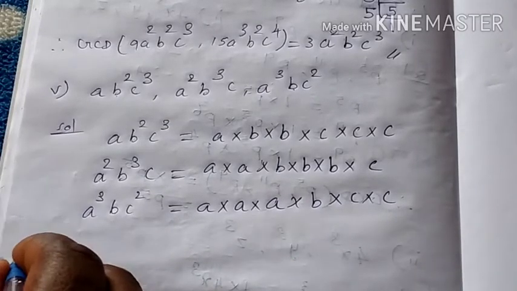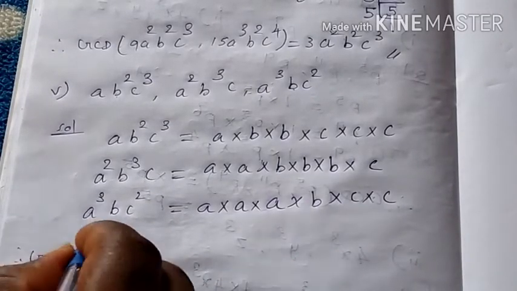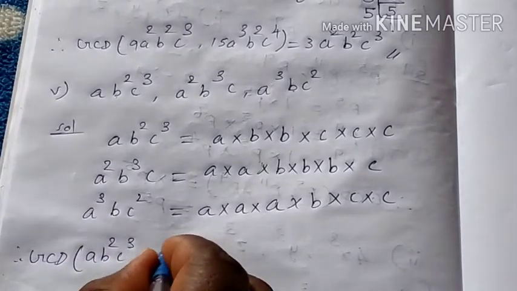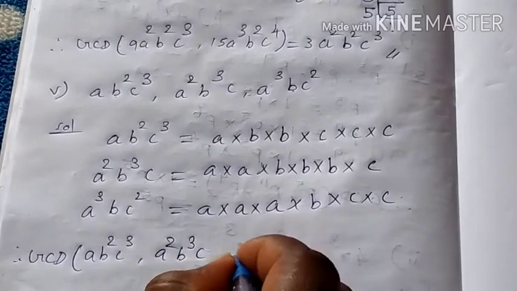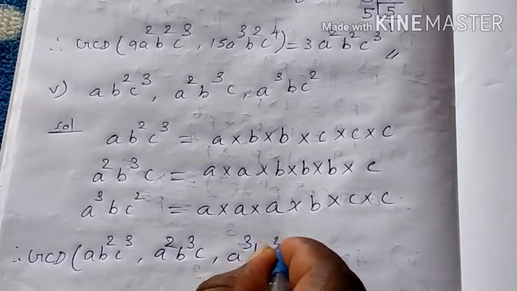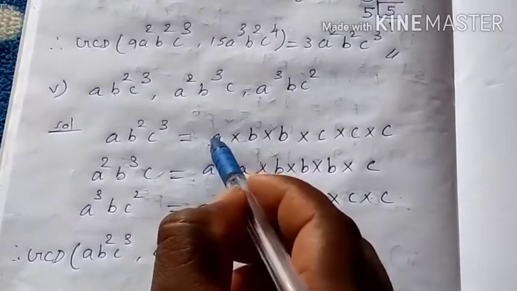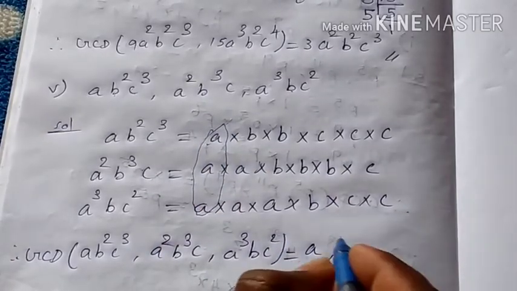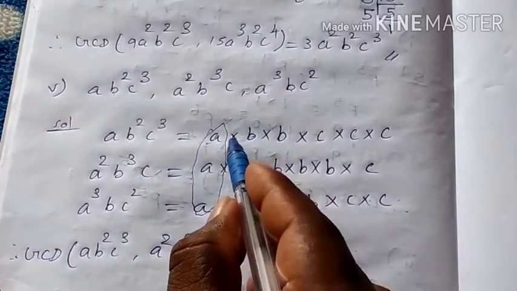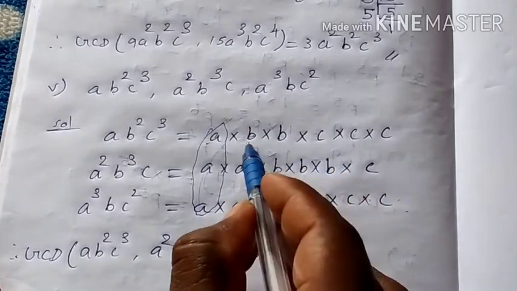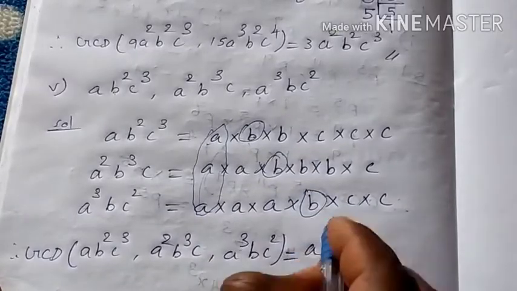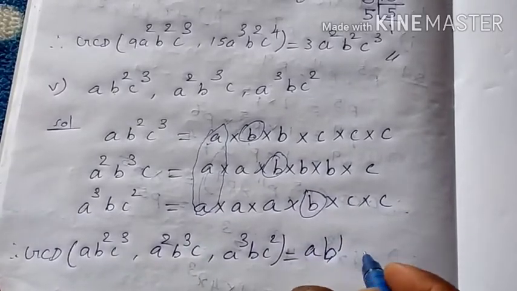Okay, therefore GCD of a b squared c cubed, a squared b cubed c, a cubed b c squared equals, here a is the common factor, then b: compare all the b's, so 1, this is 1, this one, b is the common factor.